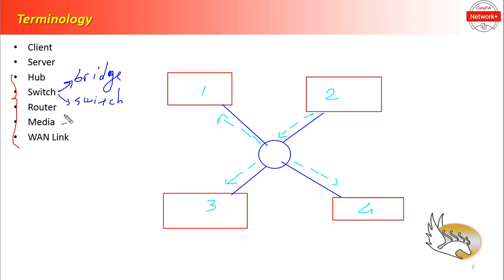And router is going to connect different networks to each other, and router knows where to send information to kind of the other network can receive the information. What about media? These cables that we have used to connect the computers to hub or switch or router or computers to each other, this is called the media, and this media is going to be maybe copper.